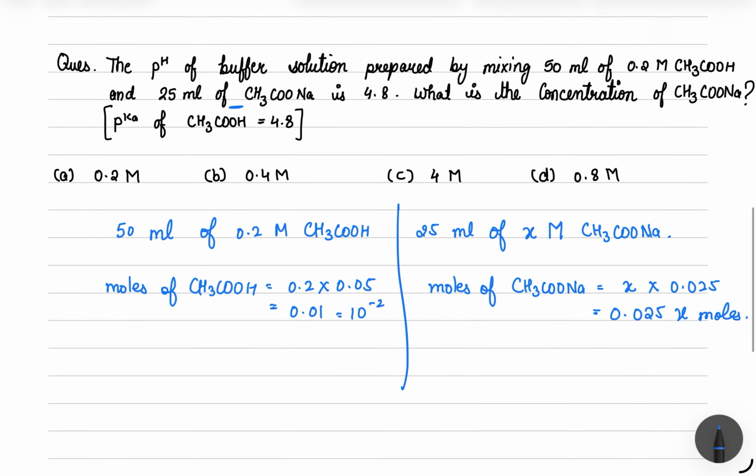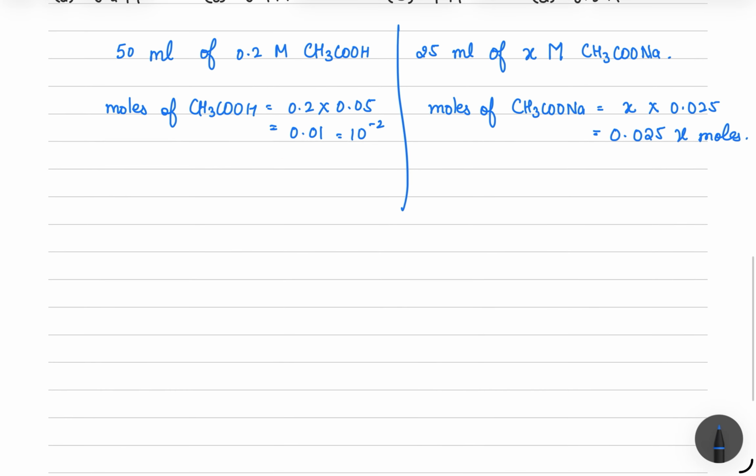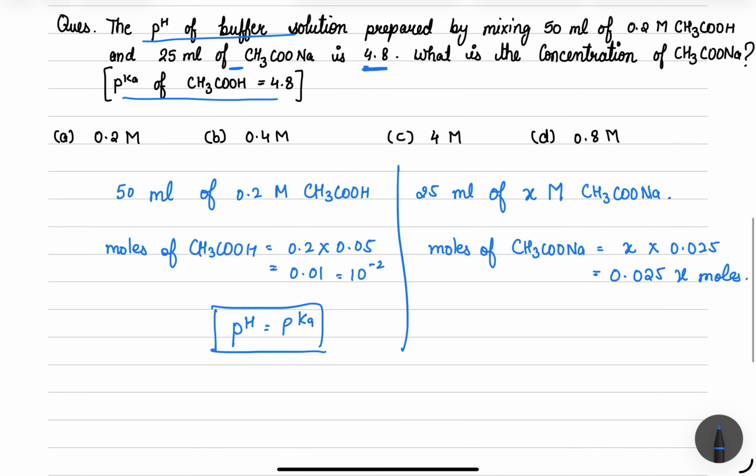Now one more thing is given in the question. As you can see, students, pH of the buffer solution is given 4.8 as well as pKa of acetic acid is given 4.8. That means according to our question, pH is equal to pKa, and we know students that this is the condition of maximum buffer capacity.